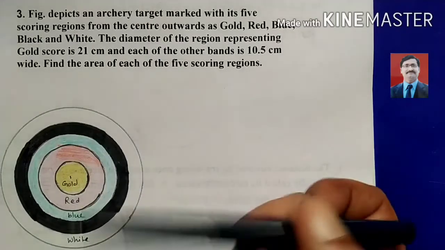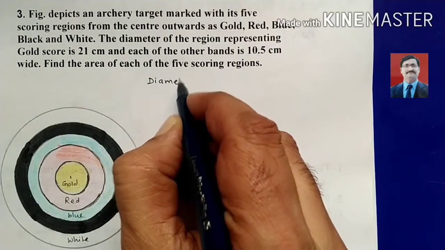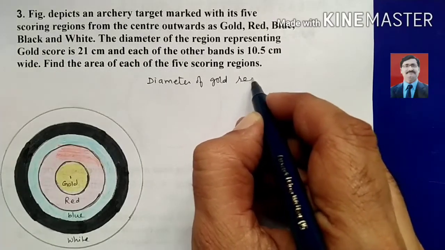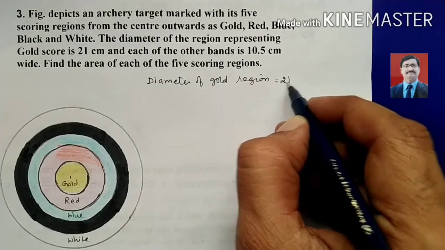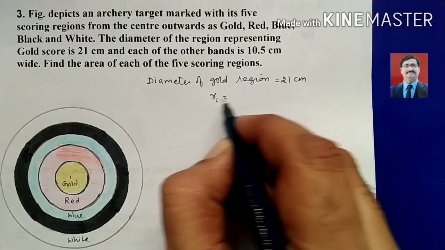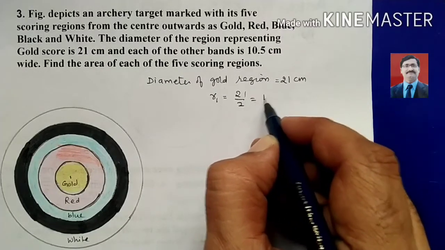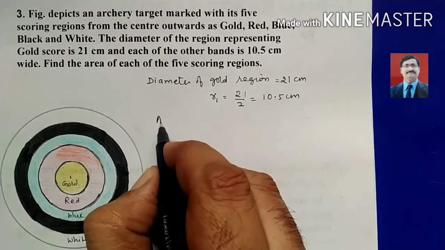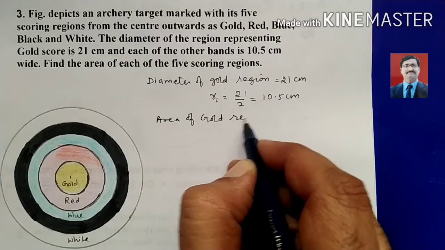So look here, we can write the diameter of the gold region equal to 21 centimeter. So the radius of the gold, the first radius, is 21 upon 2, this is 10.5 centimeter. Now we have to find the area of the gold region.